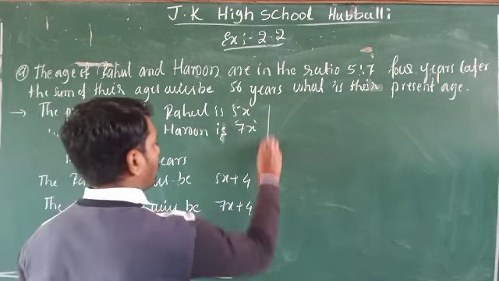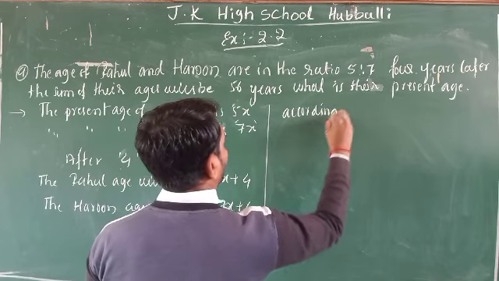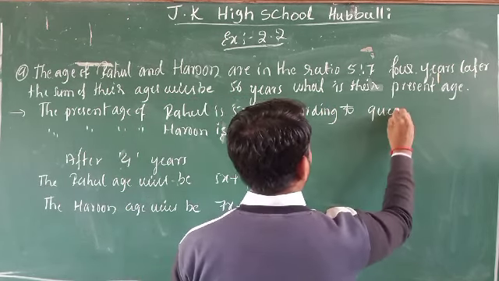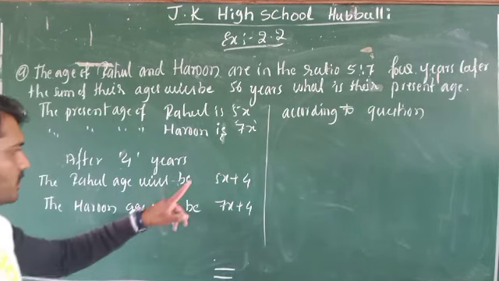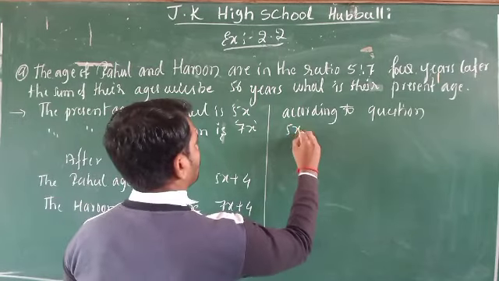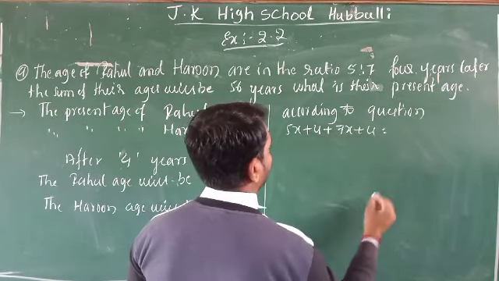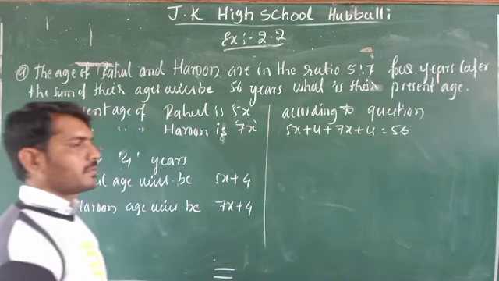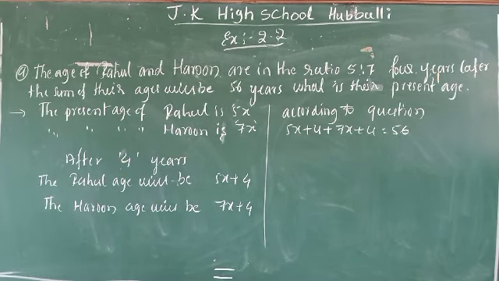Next one. According to the question, sum of their ages: 5x plus 4 plus 7x plus 4 is equal to 56 years.